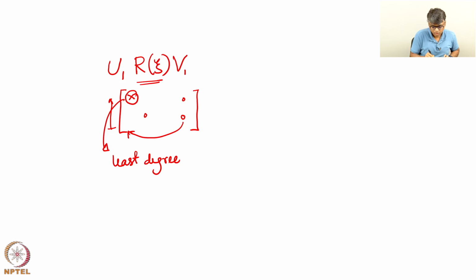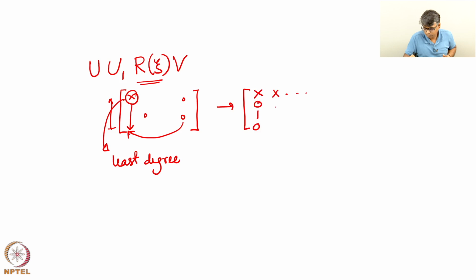Just like before, you divide with remainder through this column. These are row operations. This is an elementary unimodular row operation, and you can keep doing that together with row permutations, so that ultimately you have x and all zeros. This is how it will look.